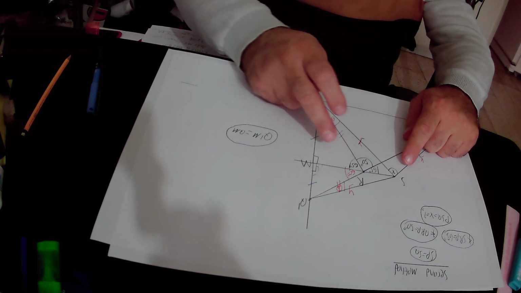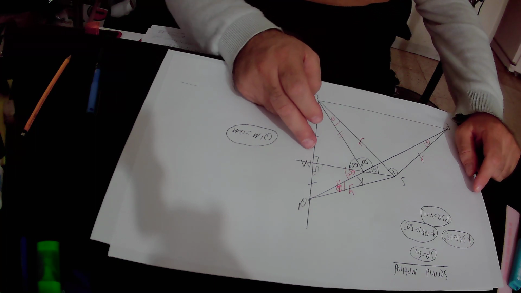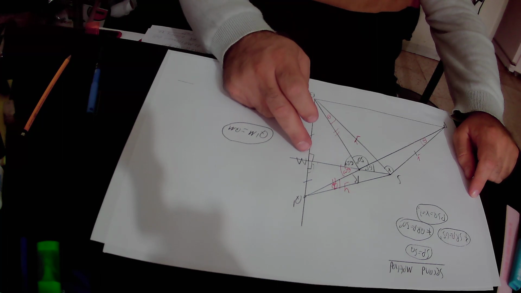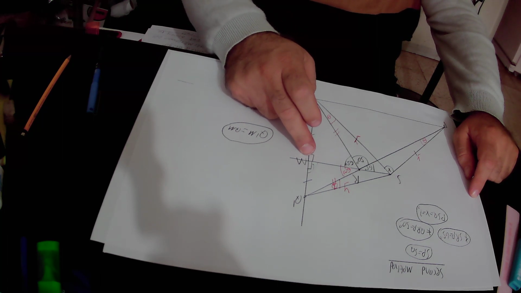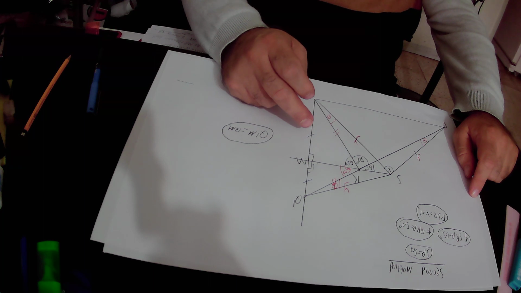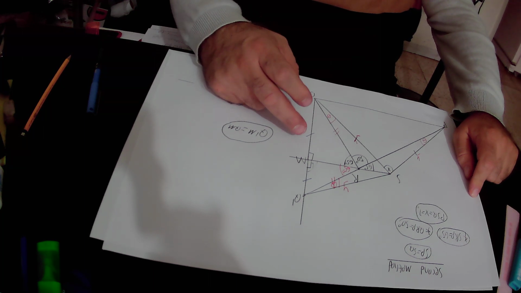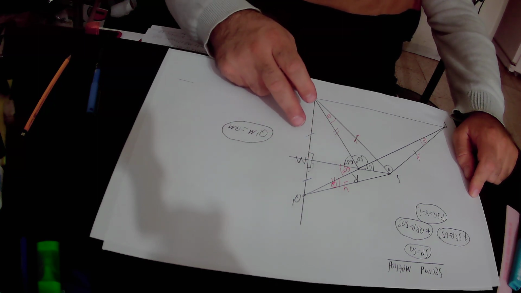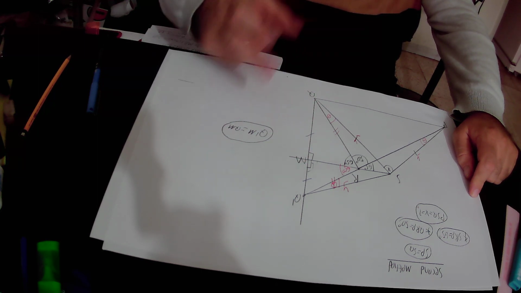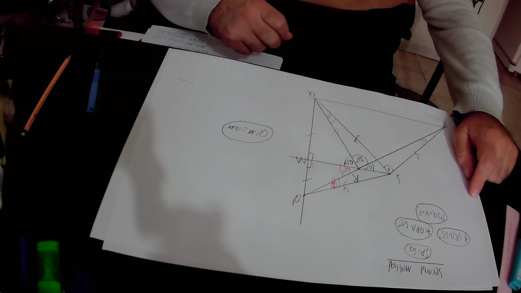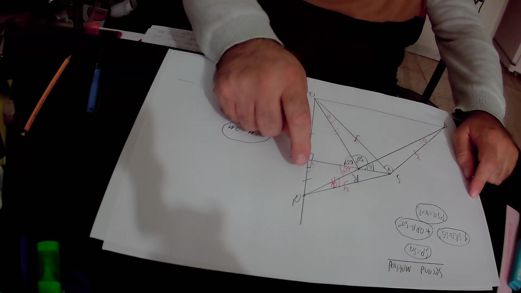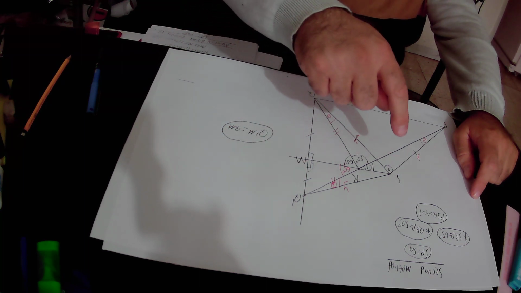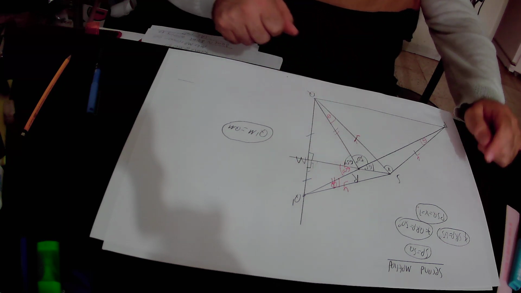We extended SR to point M, and then from point Q we drew a perpendicular to the extended SR, that is to say this angle is 90 degrees, and then we extended QM in such a way that Q'M equals QM. Again, Q'M equals QM according to our construction. Then we joined points R and Q' by a straight line, and we joined points S and Q' by a straight line.